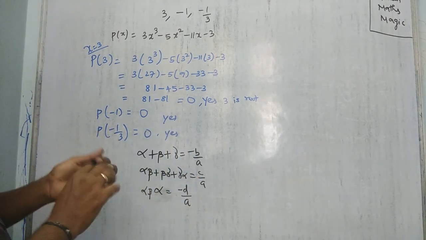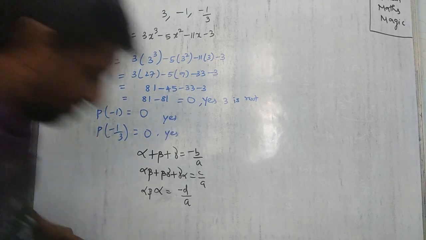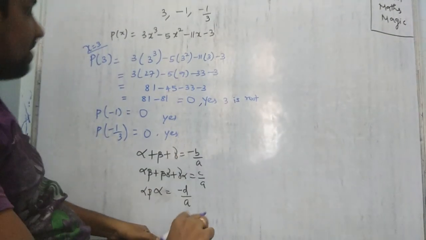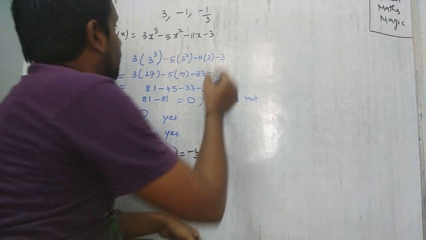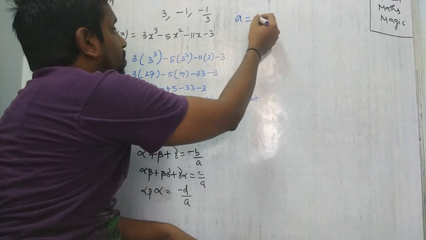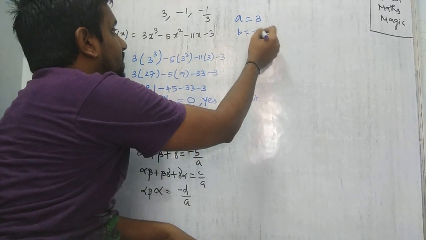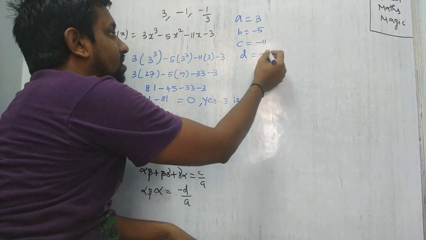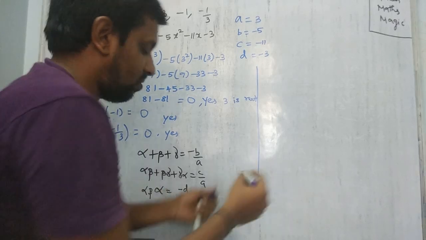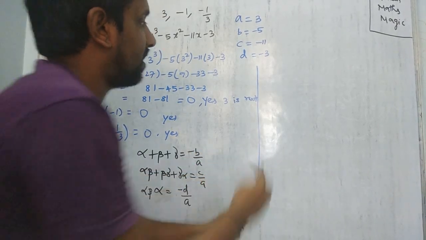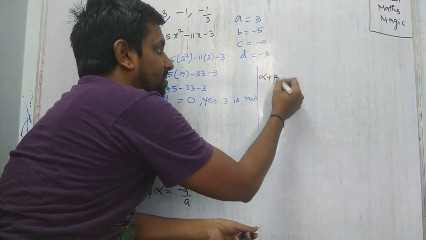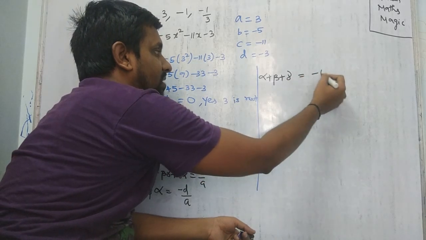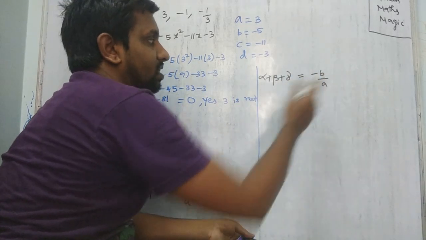Now how do we verify this? First we need to know the values of a, b, c: a is the coefficient of x cube, b of x square, c of x, and d is the constant. Now we go for alpha plus beta plus gamma. What is the formula? Minus b by a. LHS equal to RHS.